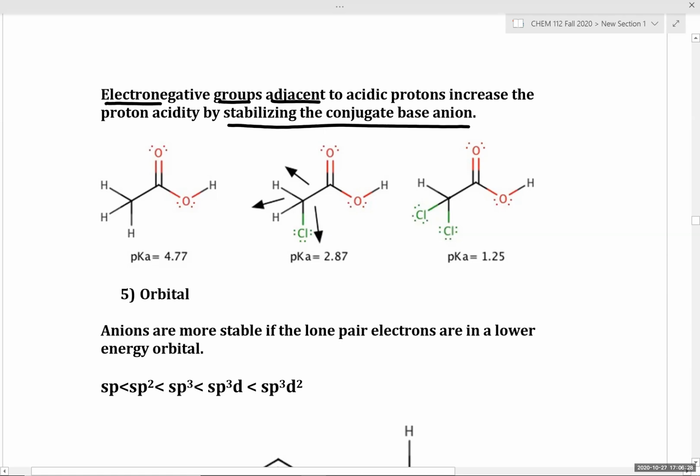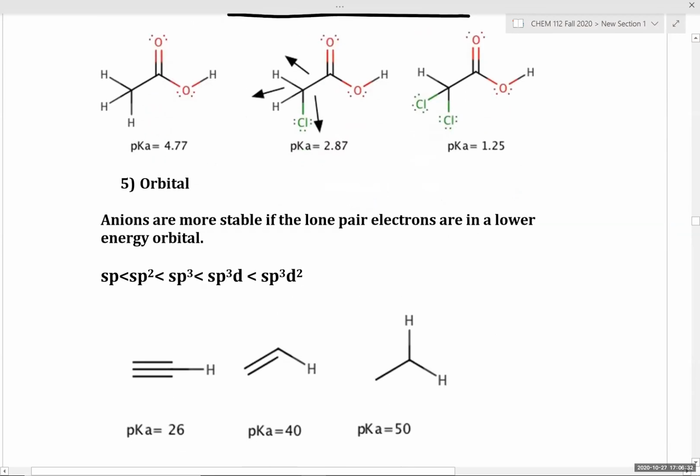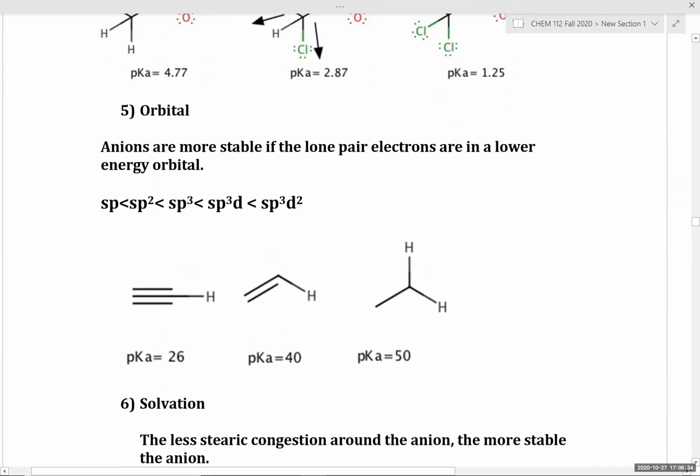Okay. The last major effect that we noted for anion stability that plays a pretty significant role are orbital effects. So in orbital effects, we know that anions are more stable if the lone pair electrons are in a lower energy orbital. Why is that?